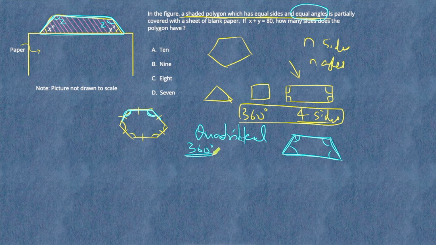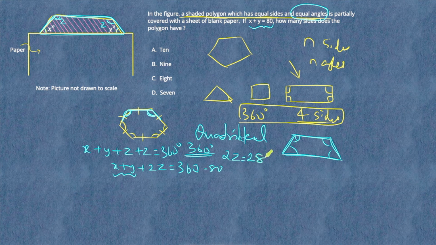The angles given here are x plus y plus z plus z, which equals 360. We can simplify this as x plus y plus 2z equals 360. But in the problem, x plus y is 80, so we substitute 80 here. We get 2z equals 360 minus 80, which is 280. Dividing both sides by 2, we get z equals 140.